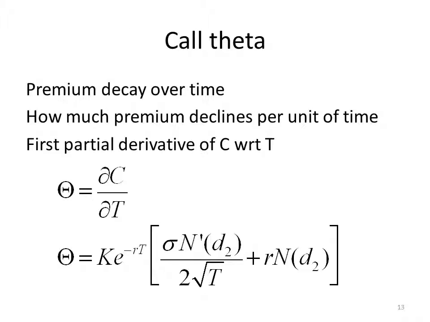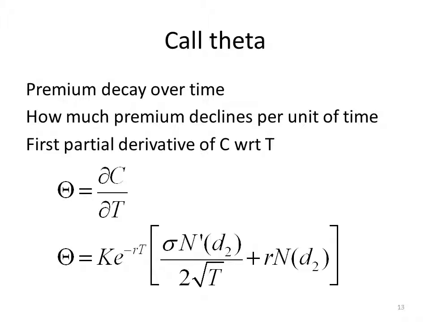Let's turn now to theta. This is the premium decay over time, how much the premium declines per unit of time passage. This is the first partial derivative of the premium with respect to time.